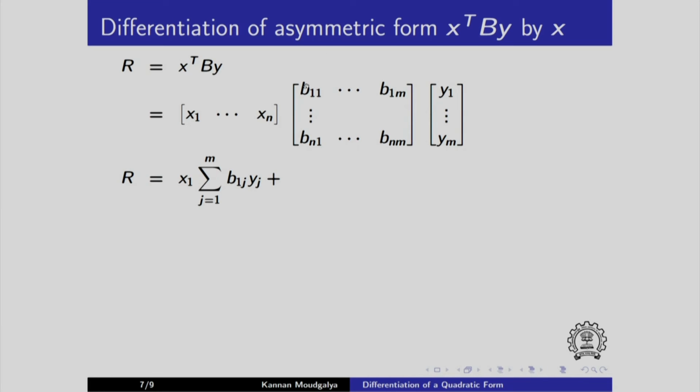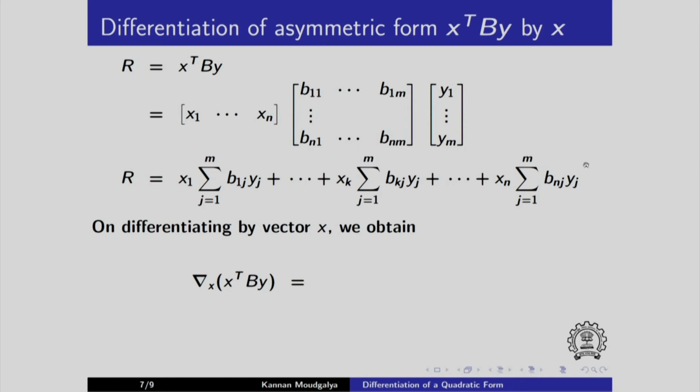So x1 into first row here after multiplication, which is this. Similarly x2 into second row and so on. Kth row, kth element here and kth row here, which is this, and finally the last element here and the last row here, which is this. So this is the expression for R.